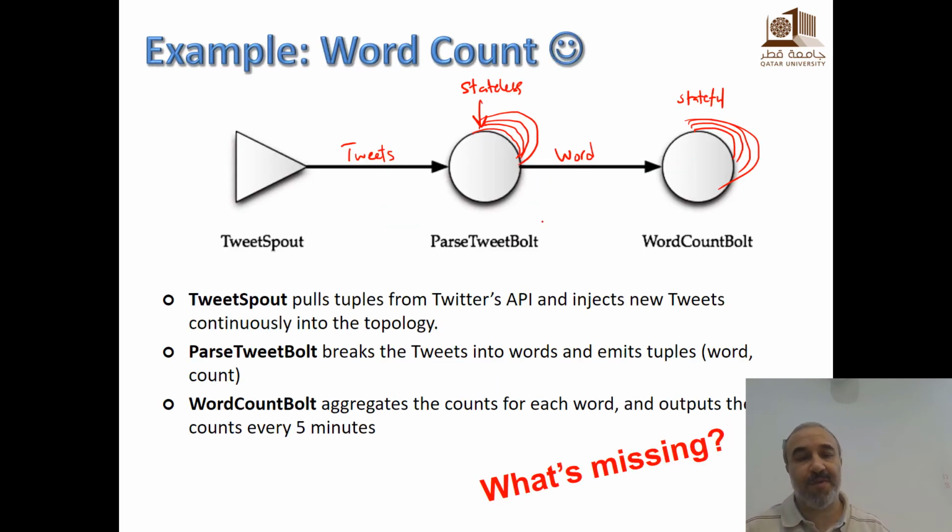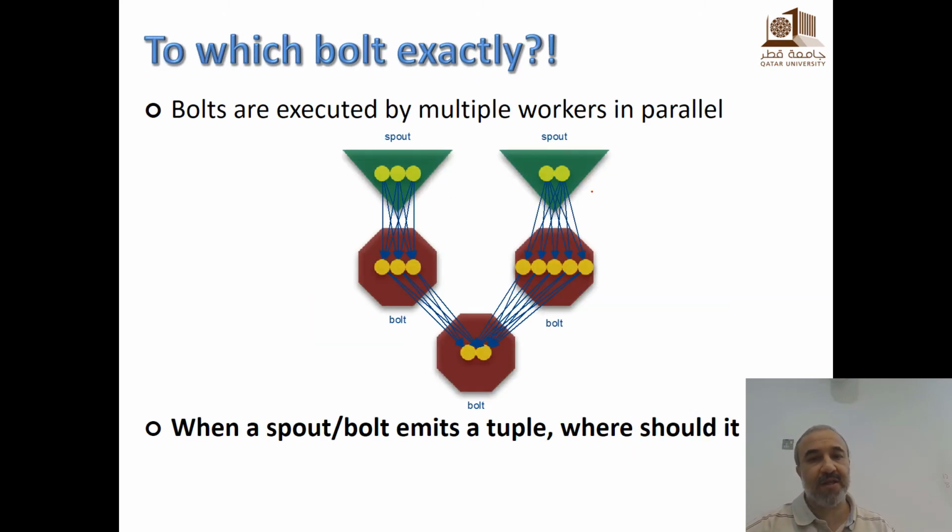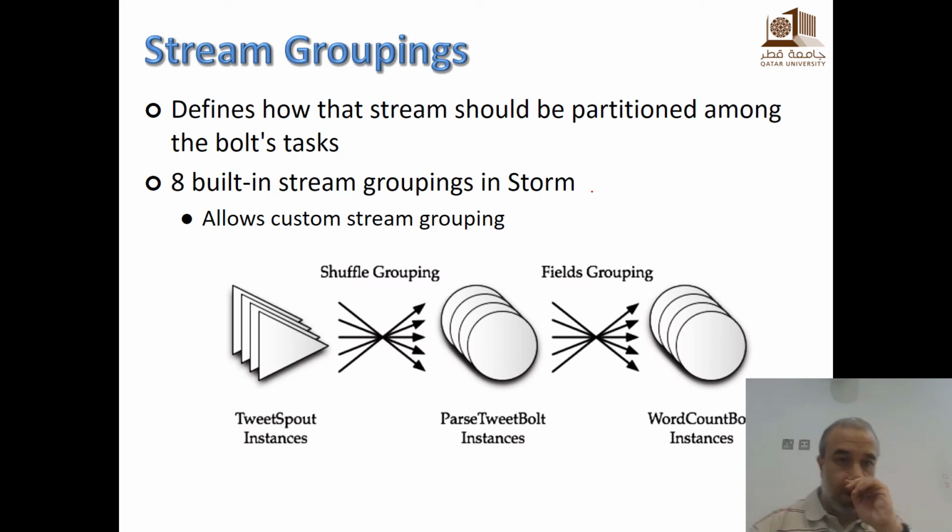In the previous example, do we care about this question here? We don't care at all. Any tweet can go to any task, right? Doesn't matter. How about here? Here we care. So in Storm we have what we call stream groupings.